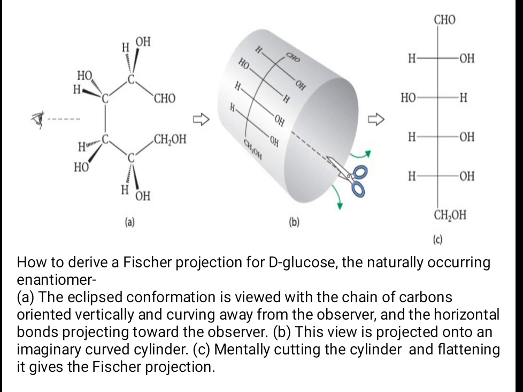Now this is the eclipsed conformation of a molecule and how to derive a Fischer projection for D-glucose. Okay, this is D-glucose, structure of D-glucose, open ring structure. This A is the open ring structure of D-glucose, the naturally occurring enantiomer.